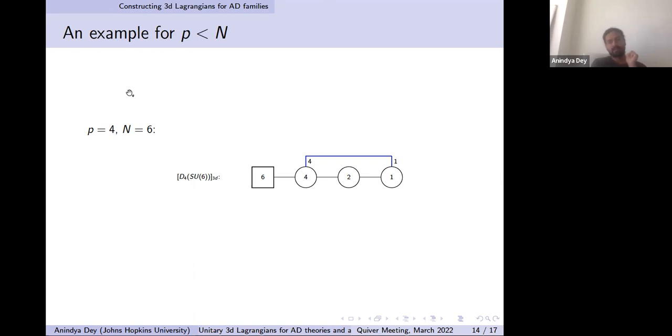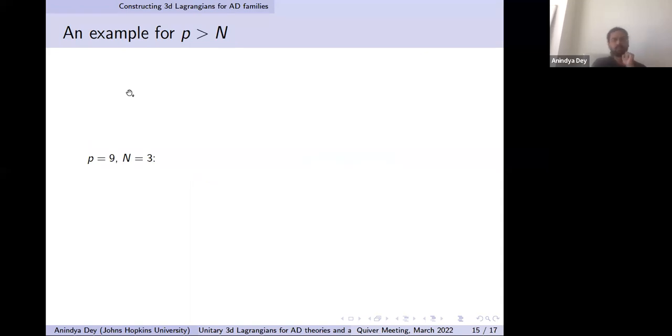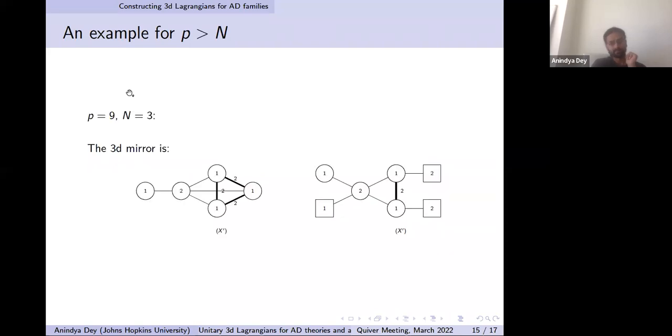Now let's move to a slightly more complicated example where P is 9 and N equals 3, so P is greater than N. Here again, this is the class S mirror, and you see that this again consists of 2 subquivers.